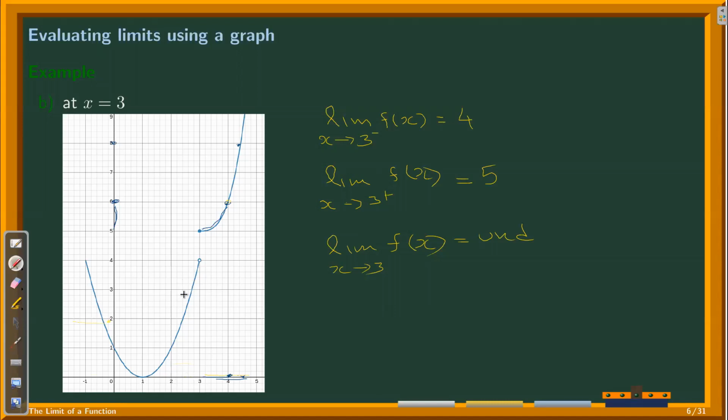Because the limit is defined by the behavior of the points extremely close to 3, as I get closer and closer to 3, I see what happens to this function y value.